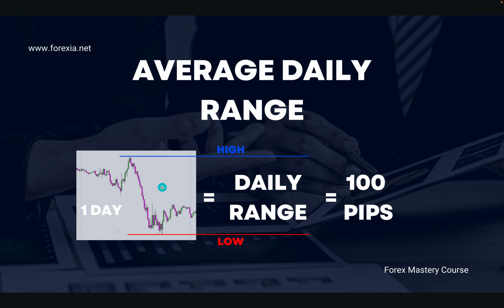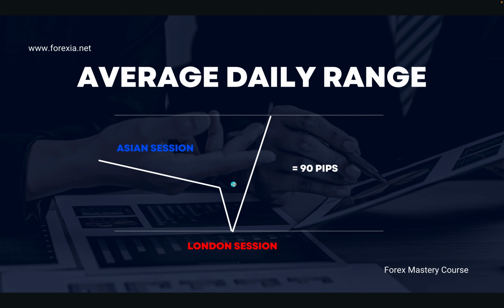Let's say this daily range is 100 pips, from the high to the low. On average, over the past few days, this daily range on any given pair, let's just say it is 100 pips as our example.